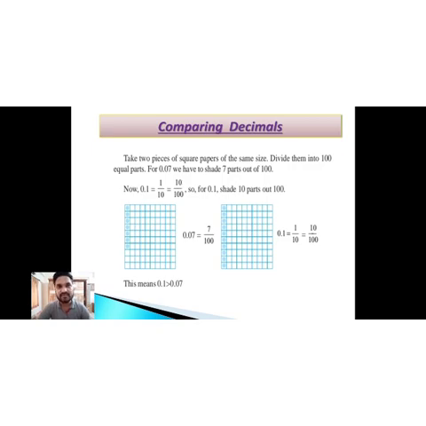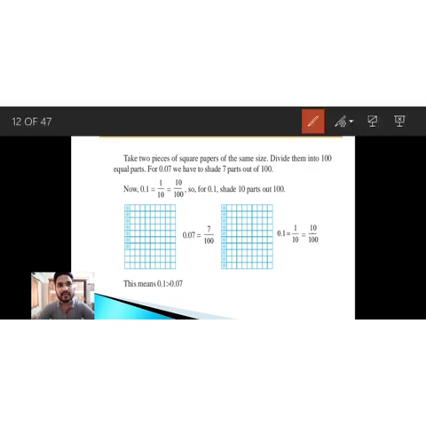You can see in the first box we shaded 7 parts. Now for 0.1 we have to shade 10 parts out of 100. So for the first one it's only 7 parts, and for the second one it's 10 parts.